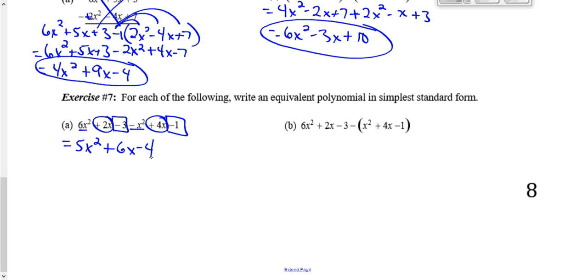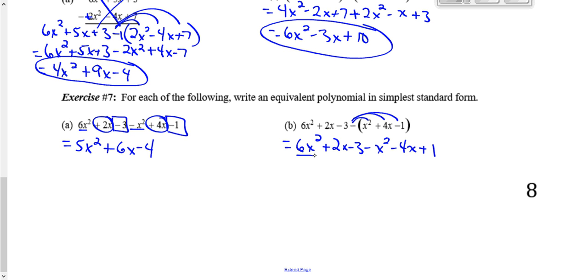Everybody get the last one yet? 5x squared minus 2x minus 2. Maybe. I agree. I thought that. What do you have to do first here, guys? Distribute the negative. Distribute this negative, negative 1, right? So we get 6x squared plus 2x minus 3 minus x squared minus 4x plus 1.